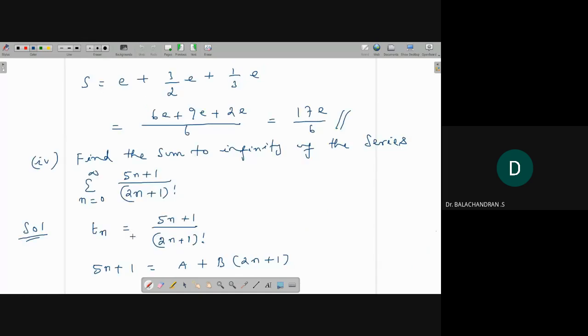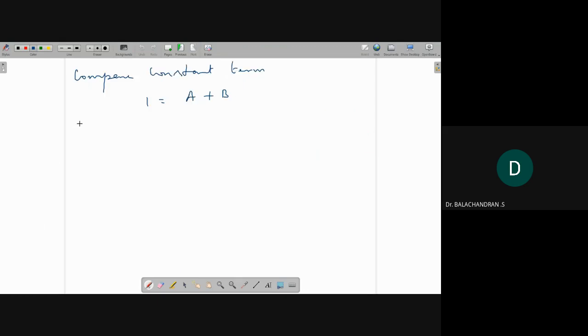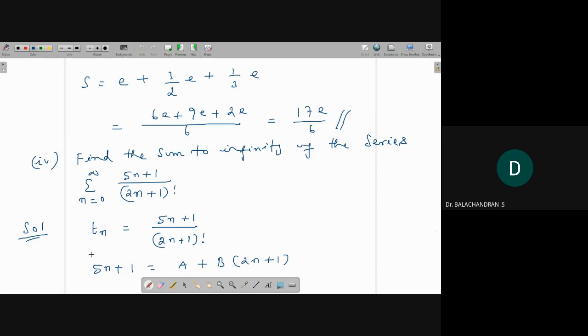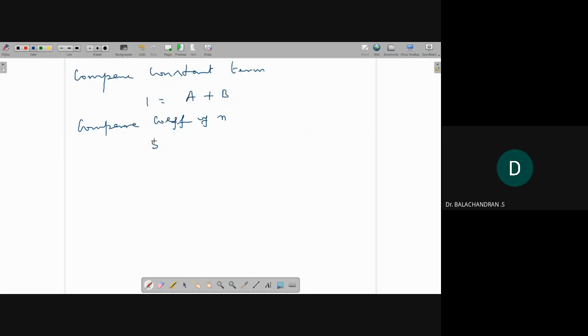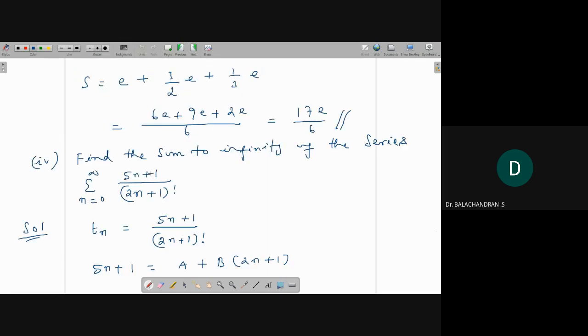And then if you compare the coefficient of n, what is the coefficient of n on the left hand side? 5. Right hand side, what is the coefficient of n? 2b. Yes.